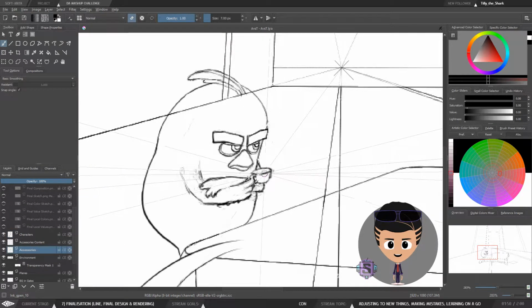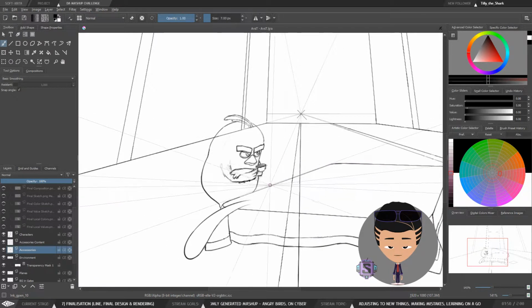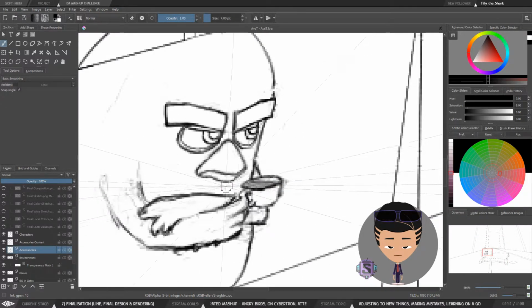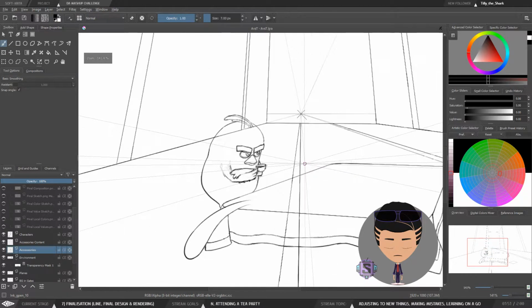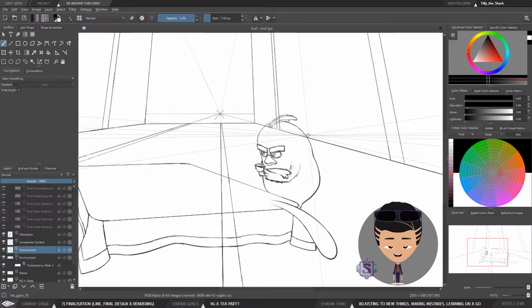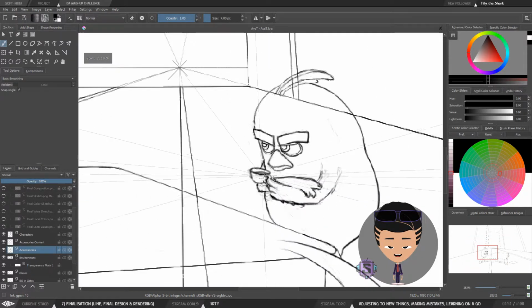A little bit better. And the tea in the teacup actually is going to tell a different story of the gravity. Gravity in here is going to be pretty close to spilling this tea on the character itself, so. Cool.